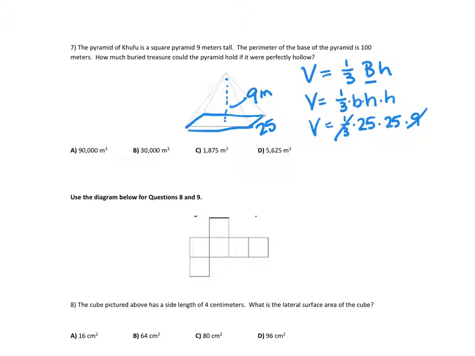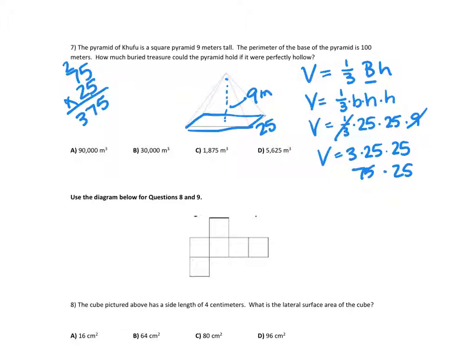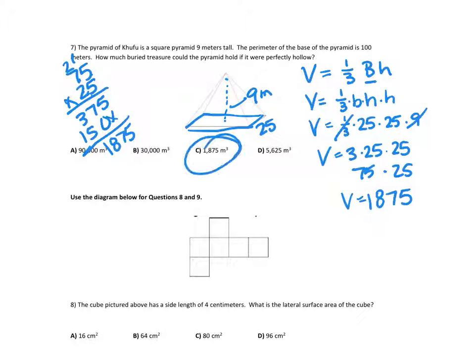So I get 3 times 25 times 25, and 3 times 25 is 75. 75 times 25. And I got 1875. Okay, so my volume of this pyramid is 1,875 meters cubed.